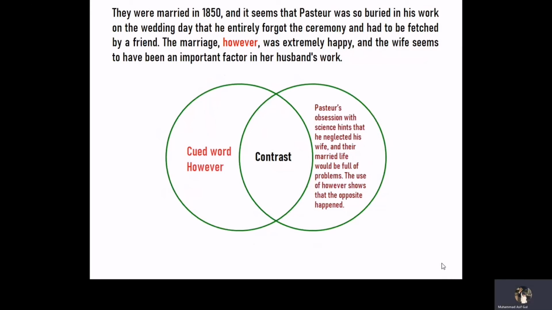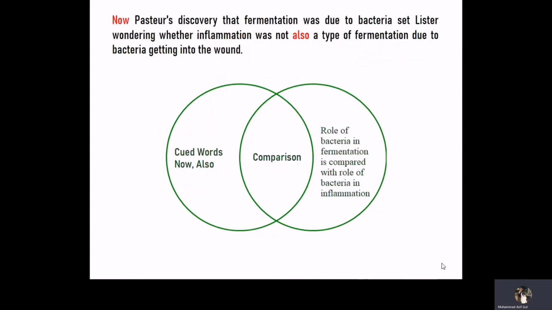Let's see another sentence. Now, Pasteur's discovery that fermentation was due to bacteria set Lister wondering whether inflammation was not also a type of fermentation due to bacteria getting into the wound. Now, here we have two cued words, now and also, and they show comparison.